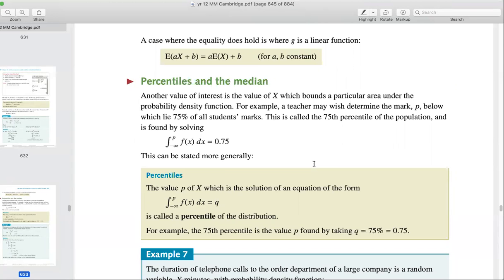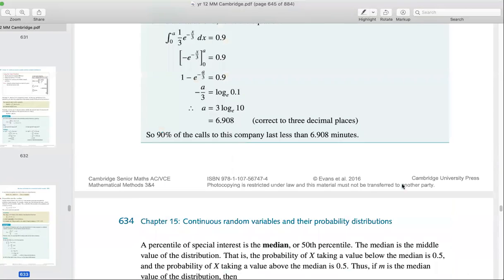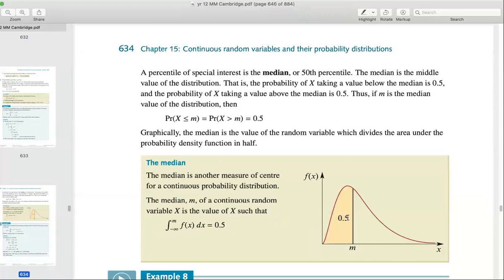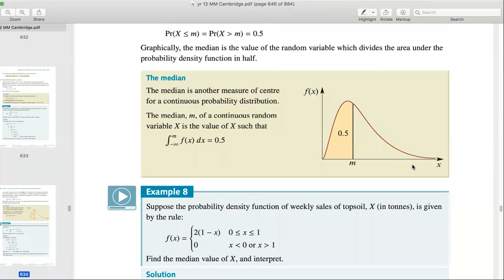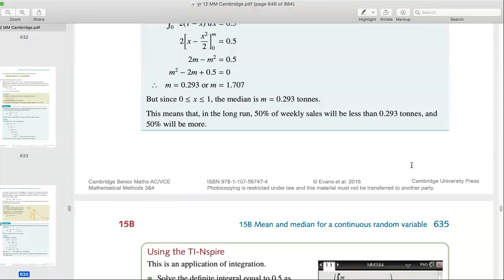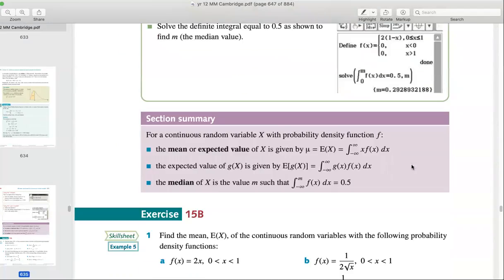Okay, so the median essentially cuts our whole probability in half, 50% and 50%. So from negative infinity to m, you can get 50%, or from m to positive infinity, you can get 50% as well. This is for m.